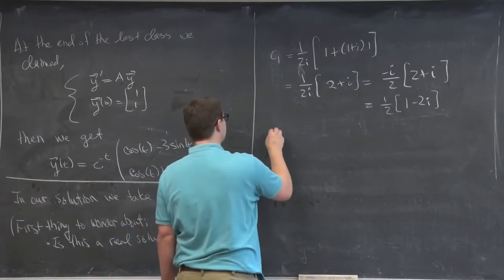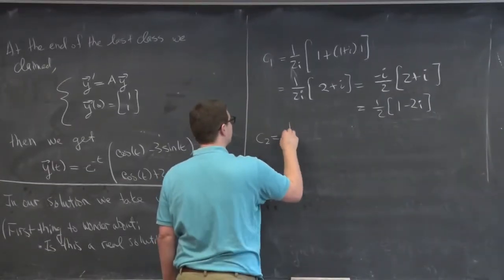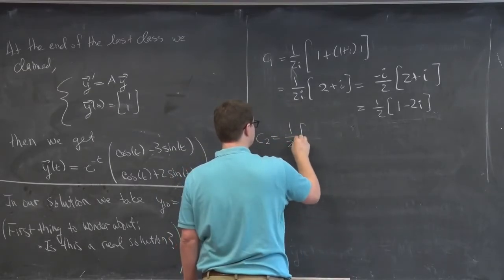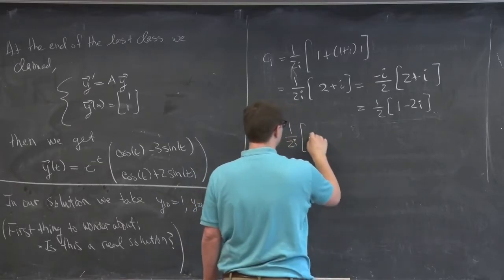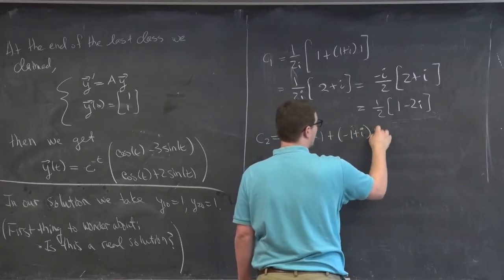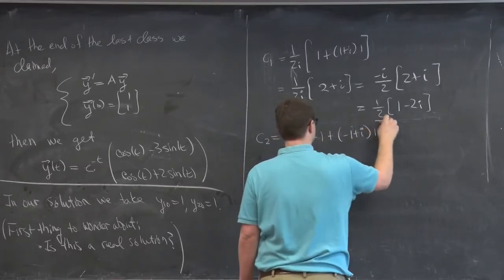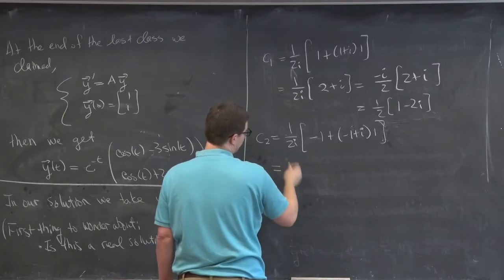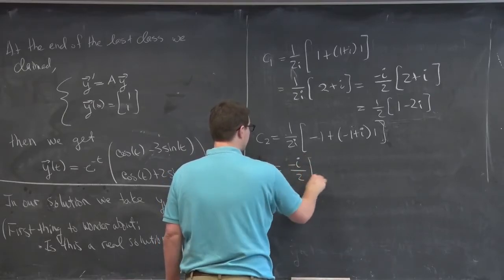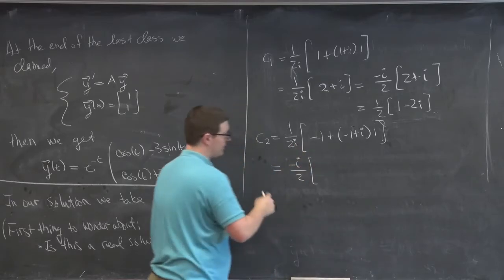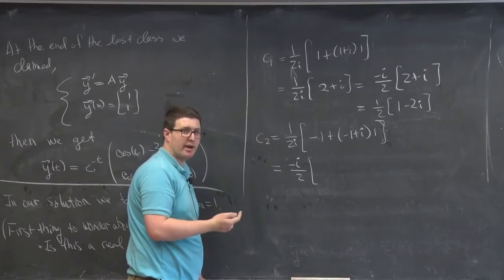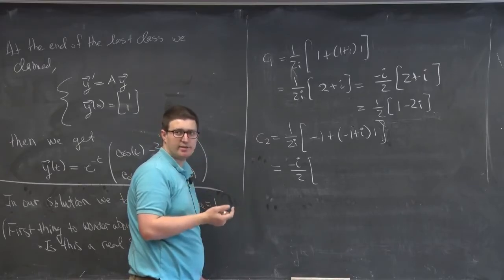Okay, C2, this is 1 over 2I. Right, and now I'm just going to plug in 1s again. Plus, minus 1 plus I, 1, like so. Okay, and now what do we get? So I'm going to do the same thing again. This is minus I over 2, because 1 over I is, really, this is the multiplicative inverse of I. Minus I is also the multiplicative inverse of I, okay? Because I times I is minus 1.